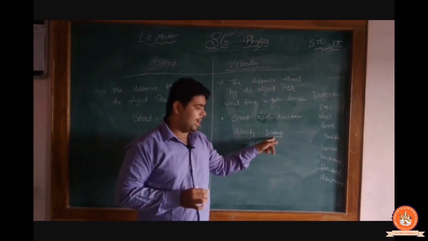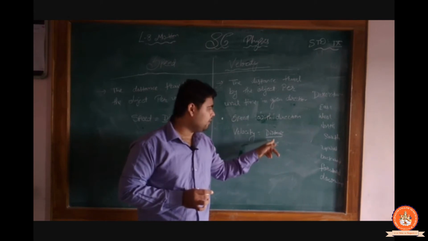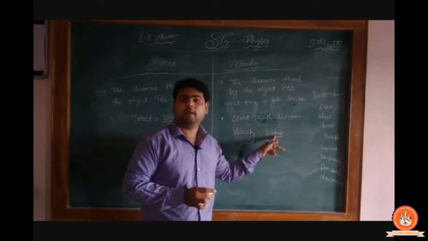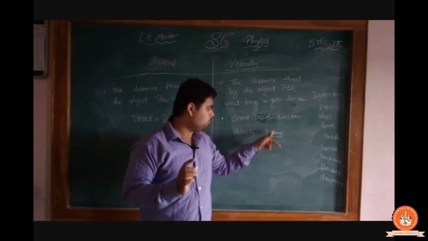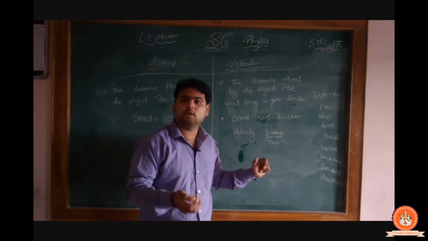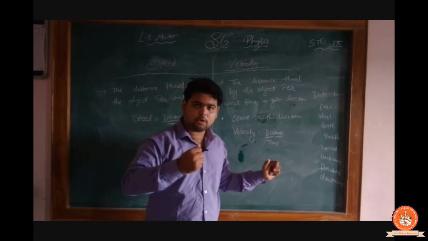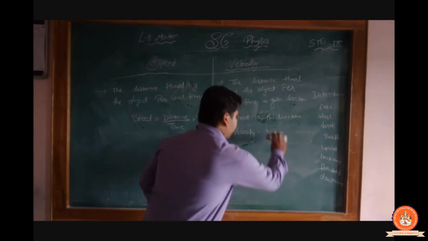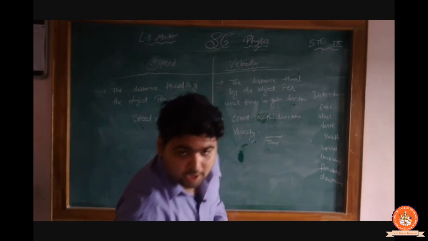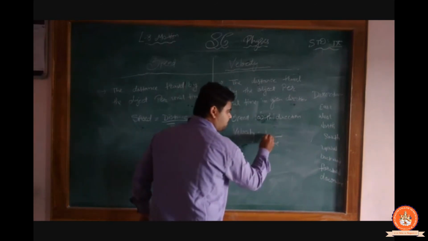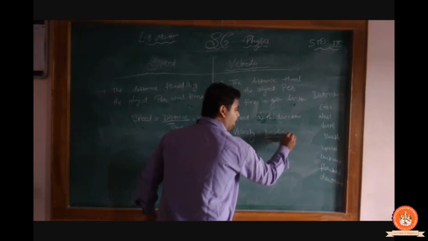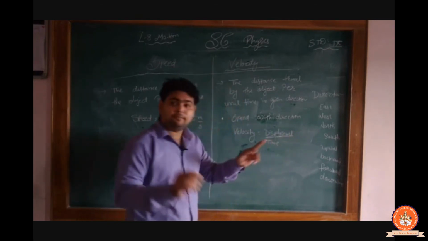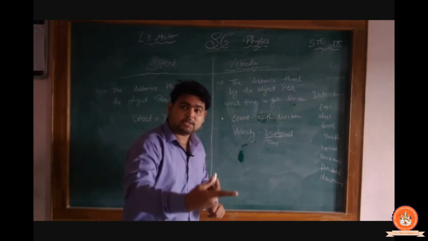But time is a scalar quantity, and distance is also a scalar quantity, meaning in distance we just need the magnitude. So in both conditions we are not supposed to use direction. So which one are we going to use? Yes bacha party, we are using the displacement. Displacement means magnitude plus direction.